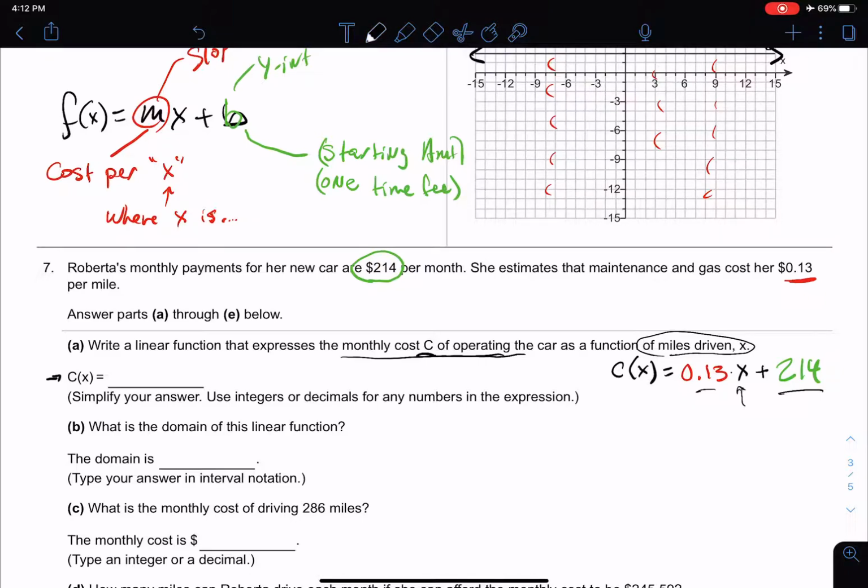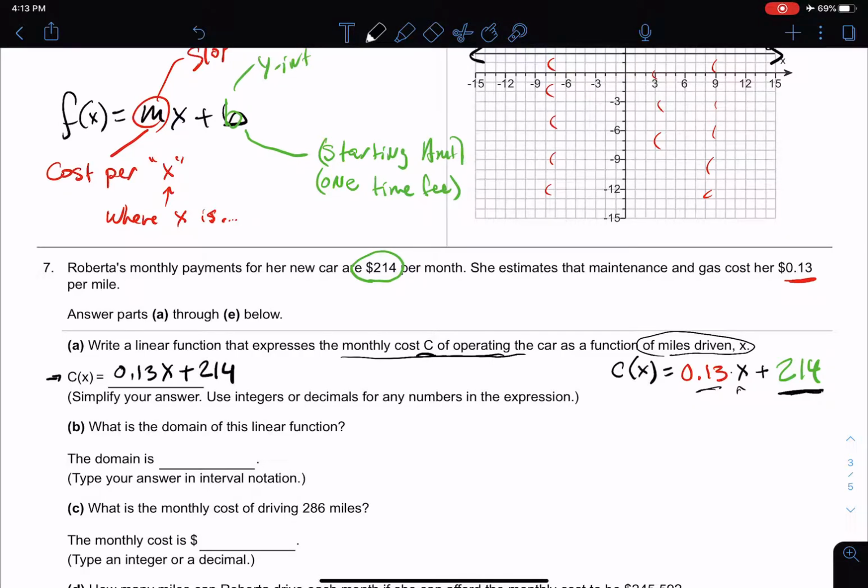Then it would be the $214 flat fee, plus 13 cents times 100, which gives you 13. Total that up, and that's the cost for the month. So this is our cost function per month for driving the car. Let's put that in. I think we figured it out: C of X equals 0.13 times X plus 214.